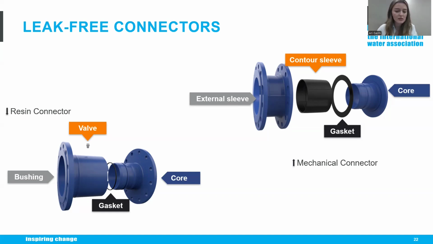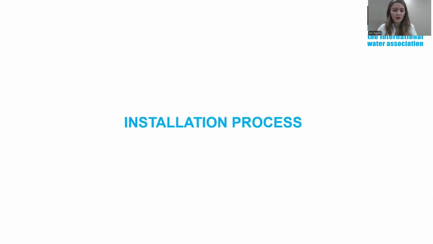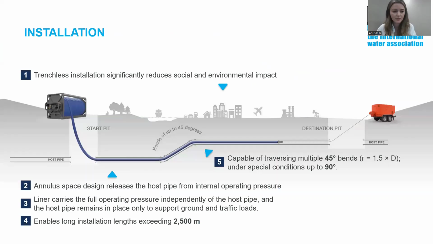And the connector is therefore not simply attached to the liner, it becomes an integral part of the complete pressure system. So that's about it about the product itself. We will move on to the installation.